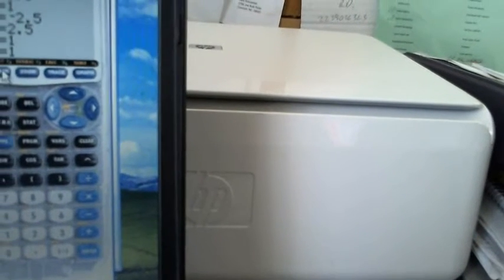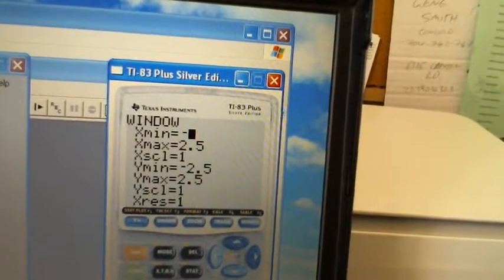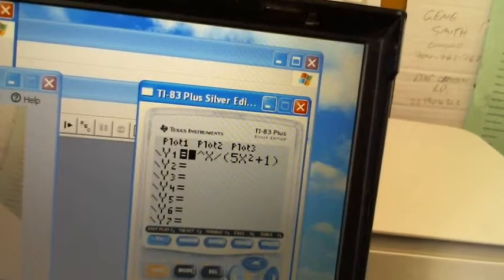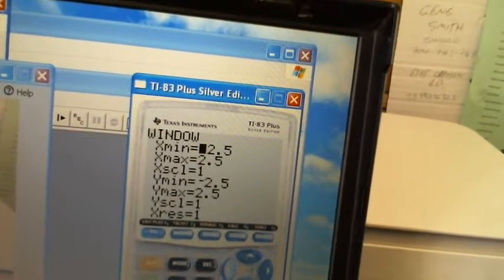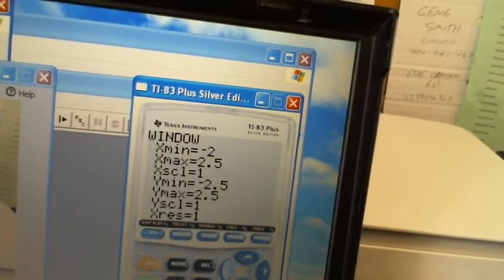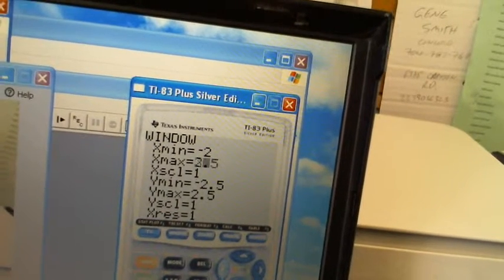Move it to the right ever so slightly. How about we go from about -2 over to 3. Let's graph that.